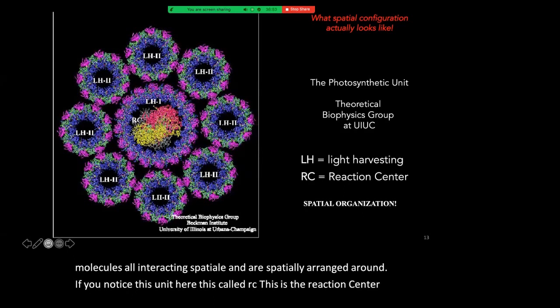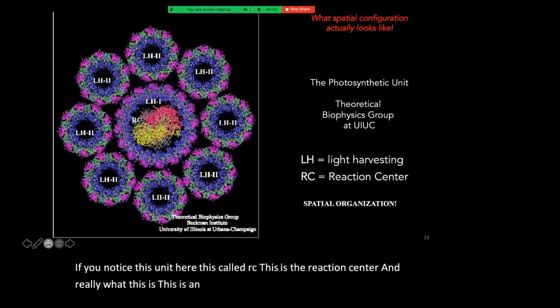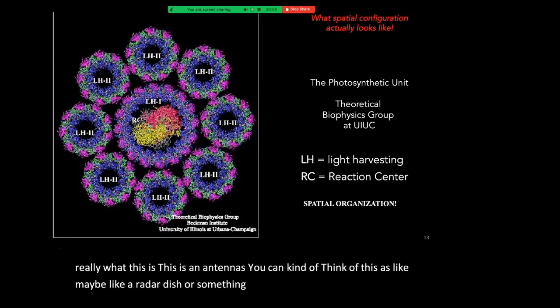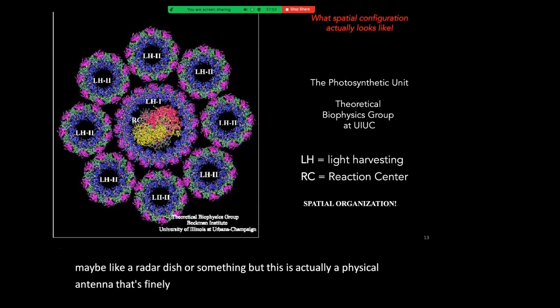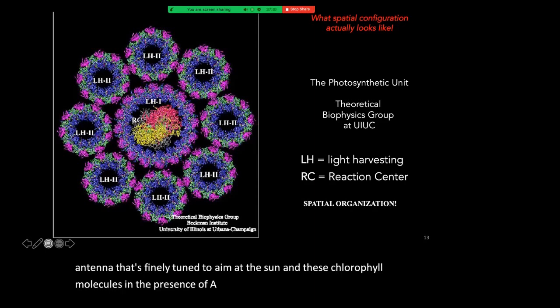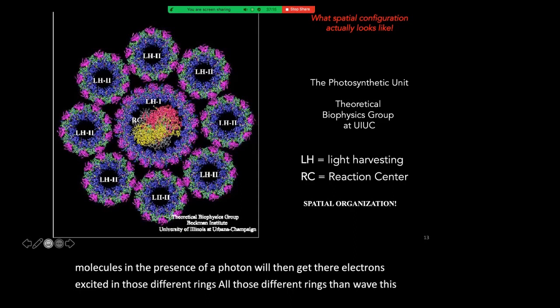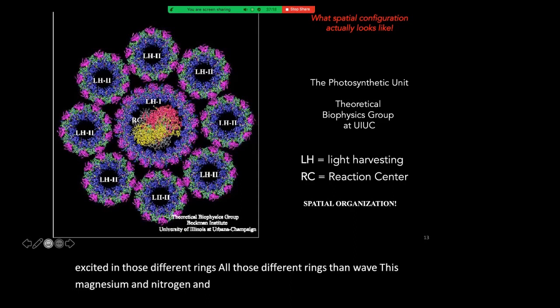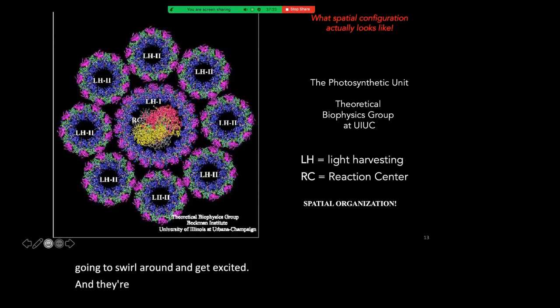And really what this is, is an antenna. You can think of this like a radar dish, but this is actually a physical antenna that's finely tuned to aim at the sun. These chlorophyll molecules, in the presence of a photon, will get their electrons excited in those different rings with this magnesium and nitrogen, and those electrons are going to swirl around and get excited, and they're aimed at the reaction center.